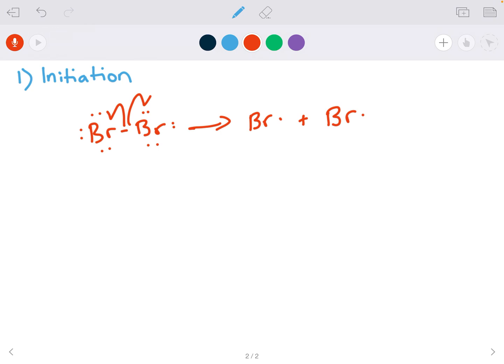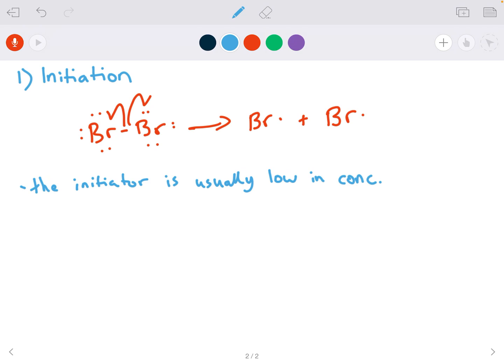And in the initiation phase, the initiator is usually low in concentration.